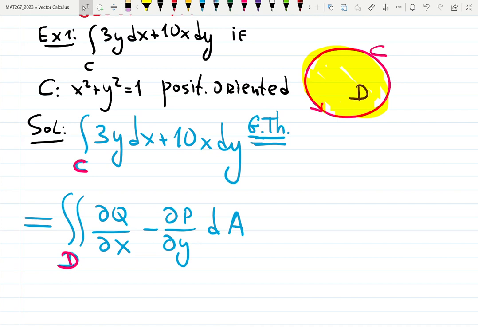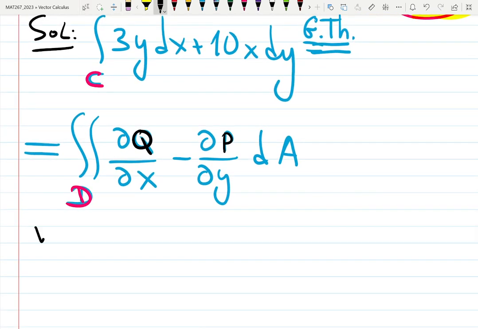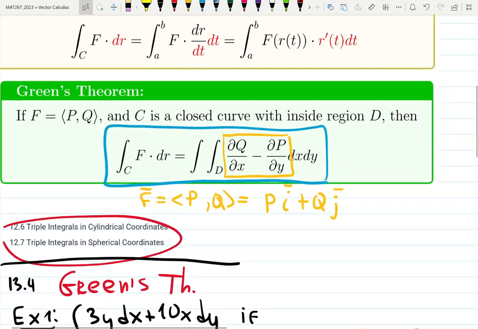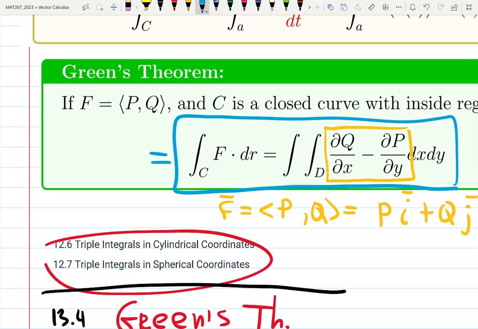I know how to differentiate, thank God, I learned that. But where are those functions, where are P and Q? What should I differentiate? That's how our brain works: give me stuff to differentiate and I'll differentiate it, but where is it? For that, you need to remember the formula. Before this formula, there were the other formulas, and that's why you should have a list of formulas.